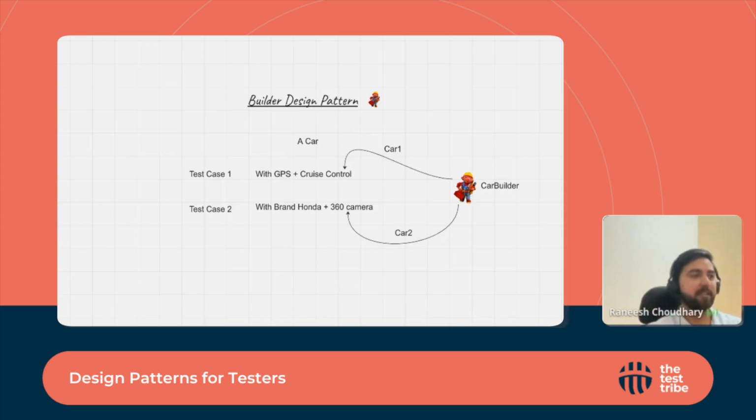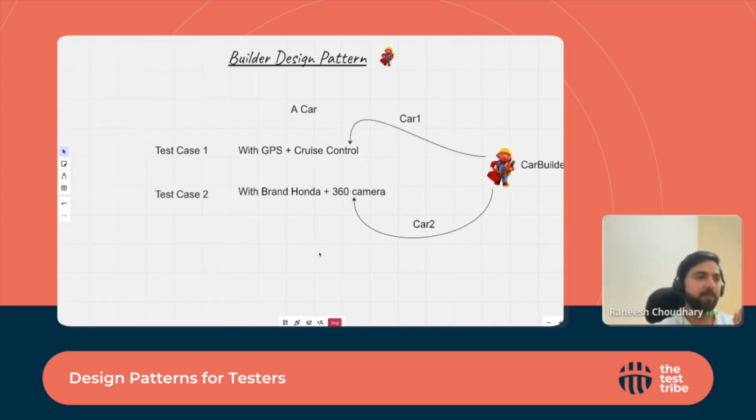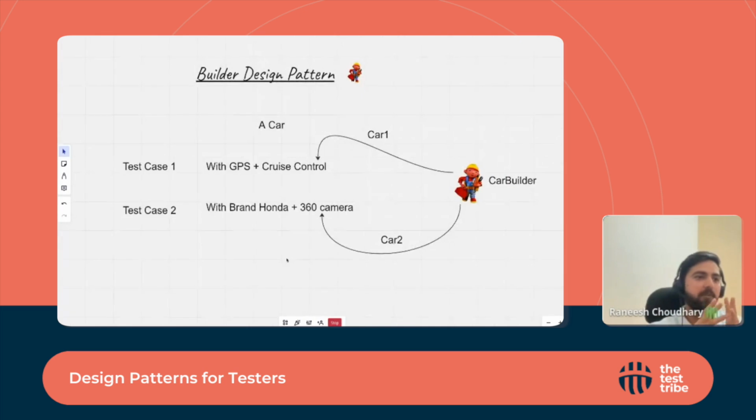So yeah, this is the builder design pattern. Like I told you, the Fluent design pattern is a base for this one. Once you have learned about Fluent design pattern, suppose we are working for a company that deals with selling cars.